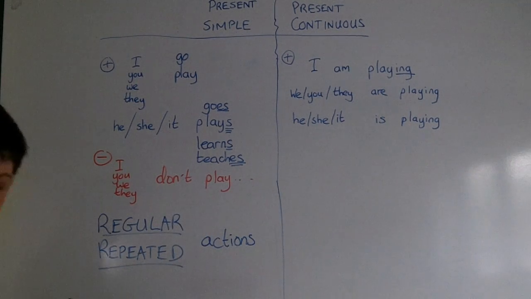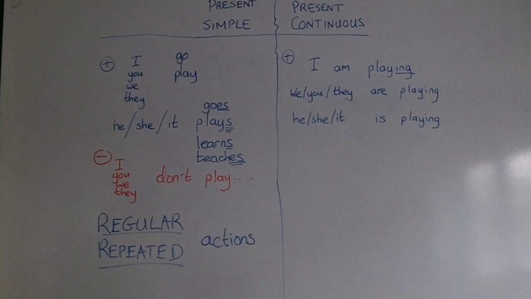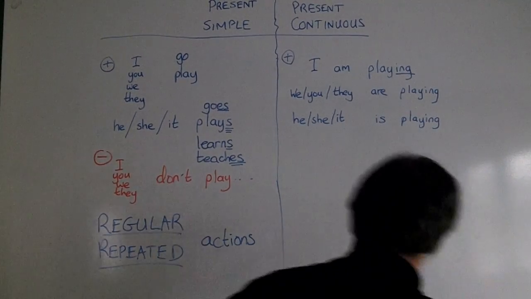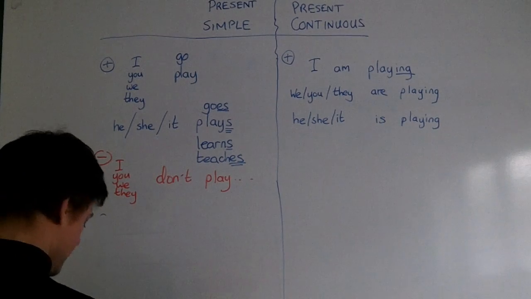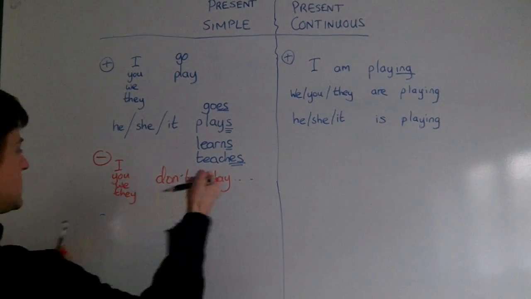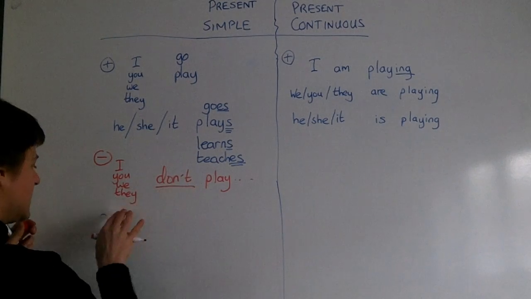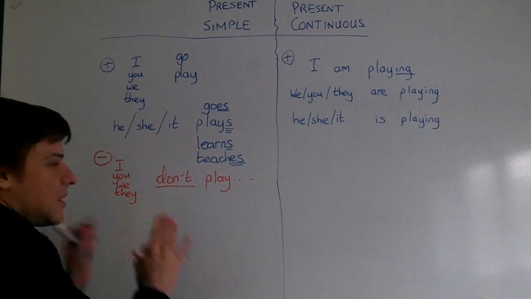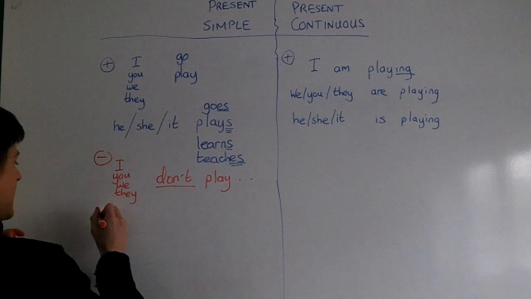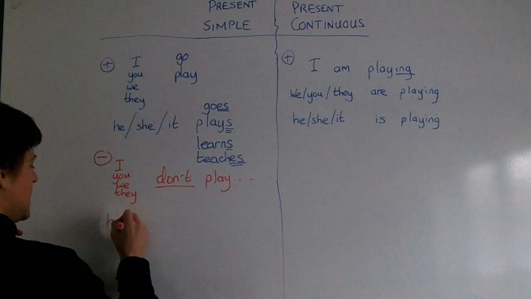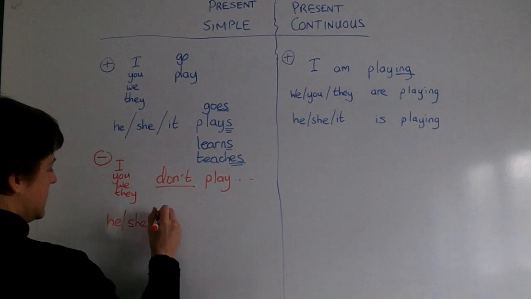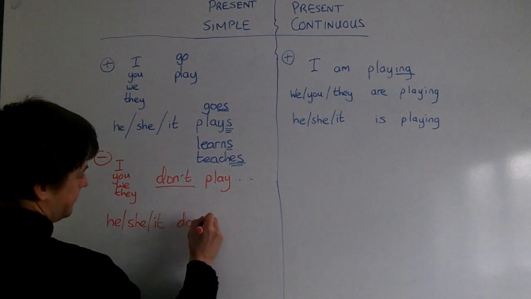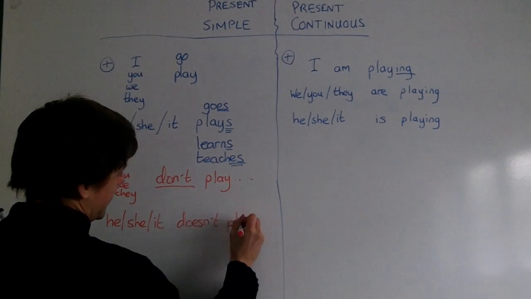However, if we want to say he or she or it, we don't say don't. That's just for I don't play, you don't play. I don't play football on Sunday. If we have he or she or it, doesn't play. Okay?